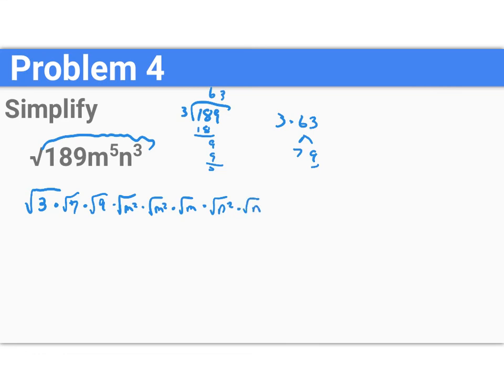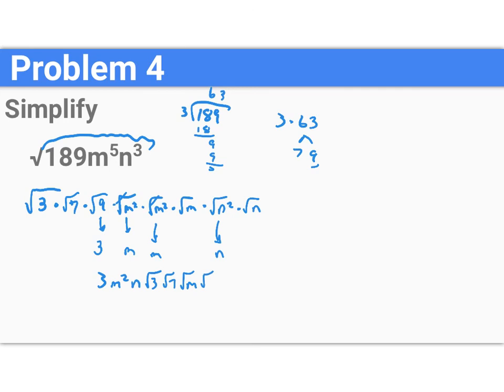So 3 is not a perfect square. 7 is not a perfect square. 9 is. So 3 comes out. M will come out because the square root cancels the square. We got another m coming out. This m does not come out. This n does. So what are we left with? 3m squared n. Then we got root 3 times root 7 times root m times root n.